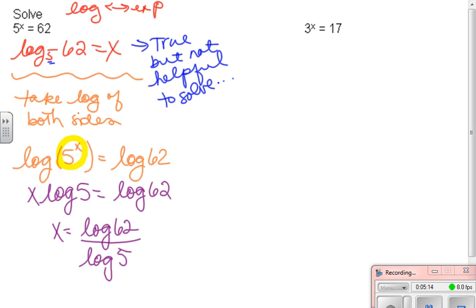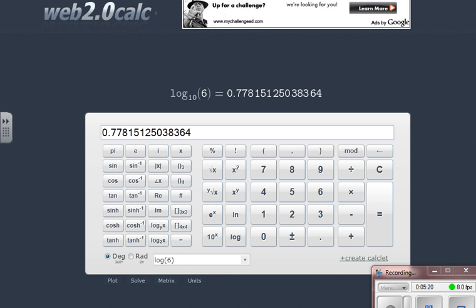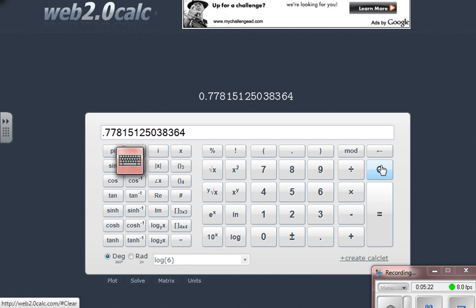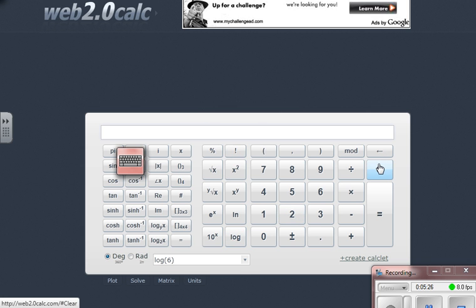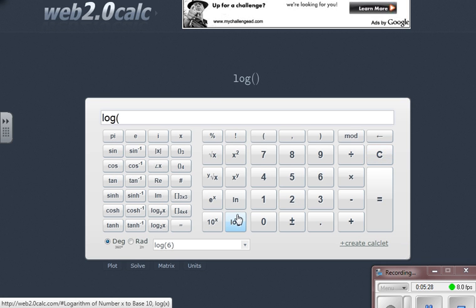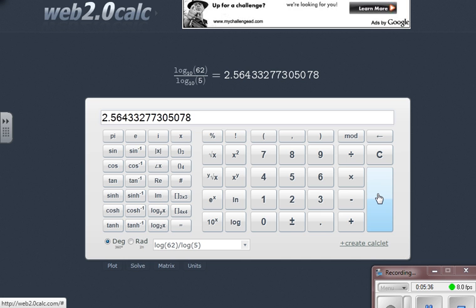I can go to my calculator, take log 62 divided by log 5, so clear. I have log of 62, clear, log of 62 divided by log 5, and my answer is 2.564.